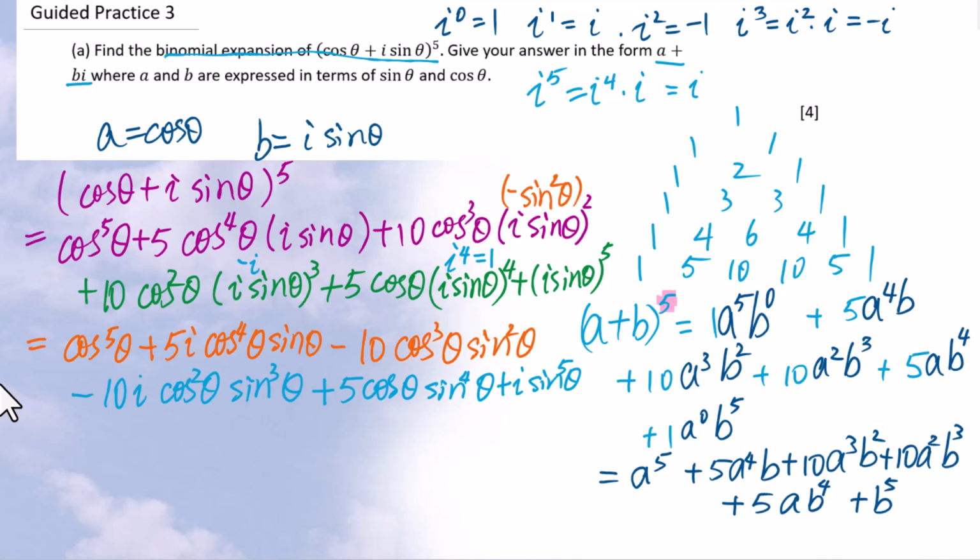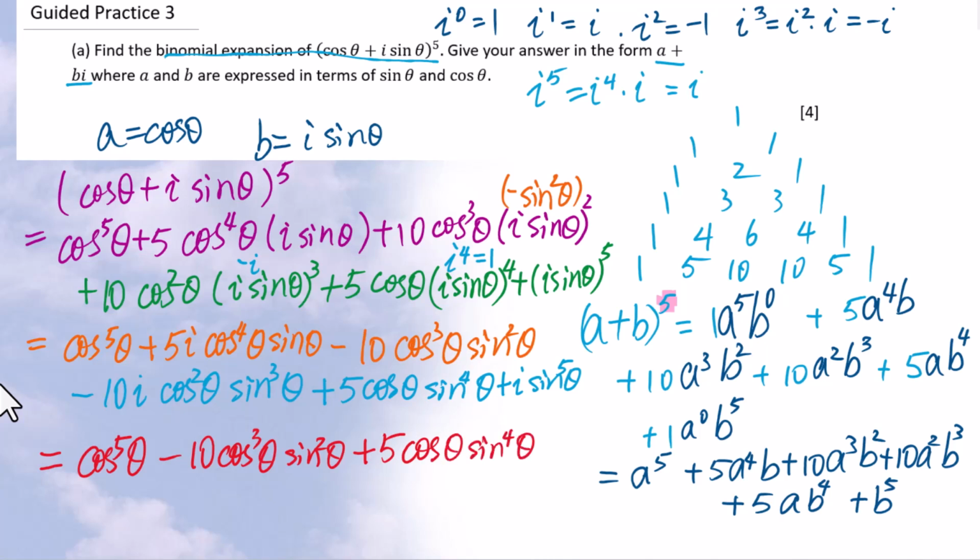Then we will put the real part together, which is cos^5 θ minus 10 cos^3 θ sin^2 θ plus 5 cos θ sin^4 θ.